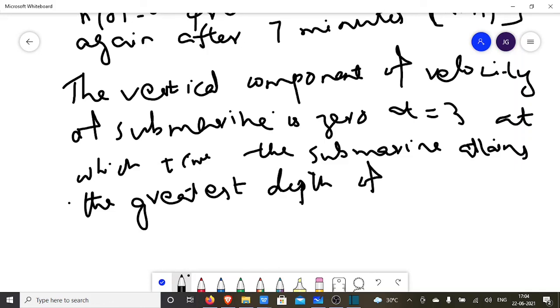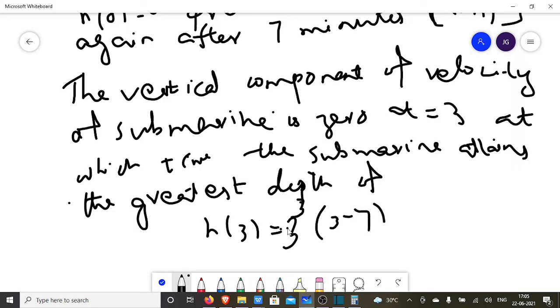Of h of 3 is equal to 3 cube into (3 minus 7) all raised to 4.